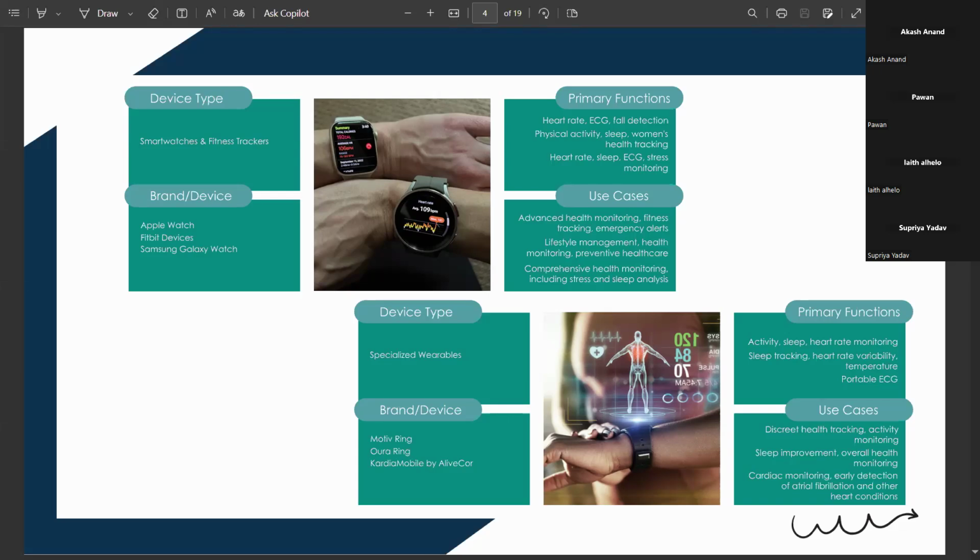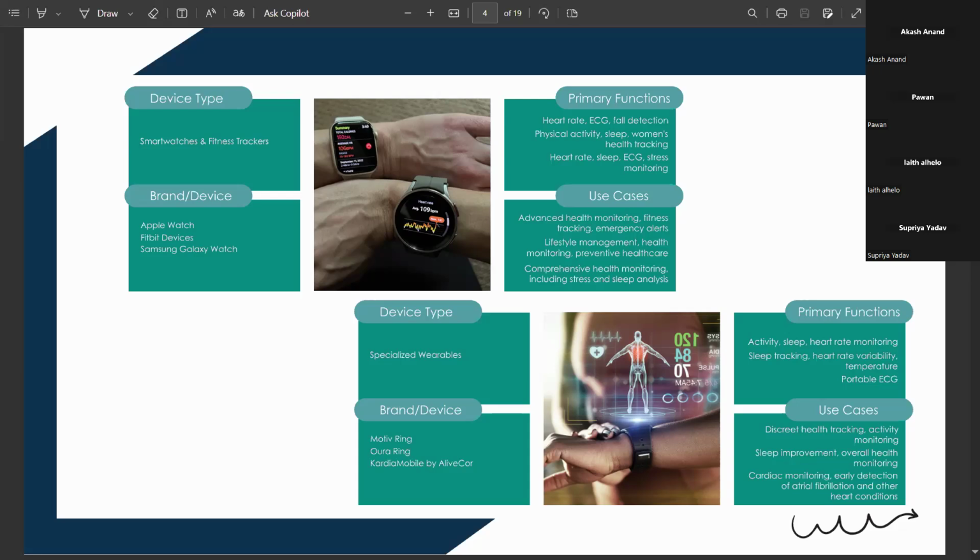For Fitbit devices, ranging from Fitbit Charge to Fitbit Versa, these devices track physical activity, heart rate, sleep, and even women's health metrics like the menstrual cycle. Of course, there are other apps, but Fitbit has gone one step ahead to include women's health metrics in their devices.